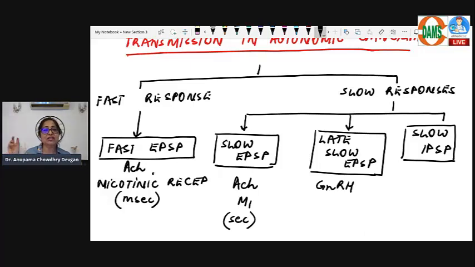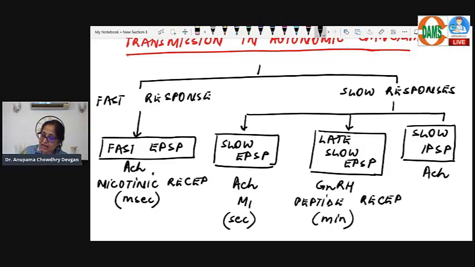GnRH is not just a hormone, it is also a large-molecule, slowly acting neurotransmitter. It acts on peptide receptors, and the response time is in minutes. Slow IPSP is because of acetylcholine acting on M2 muscarinic receptors, and the response time is in seconds.